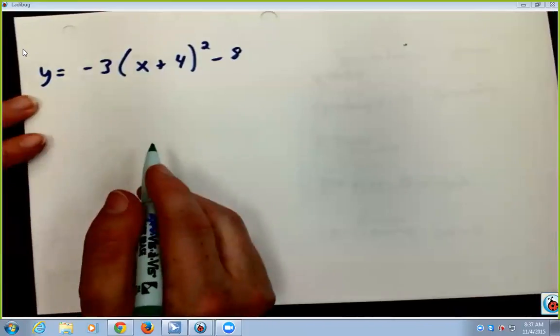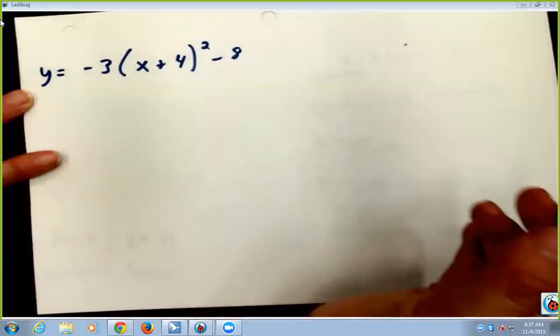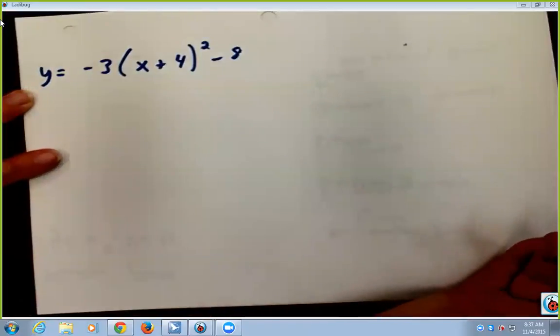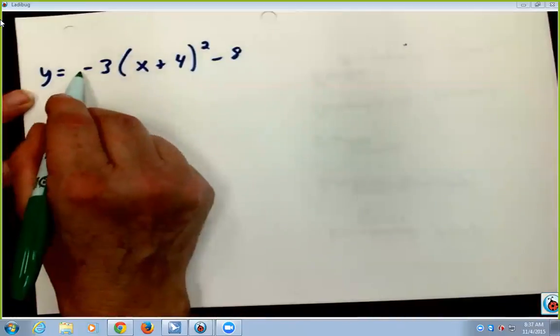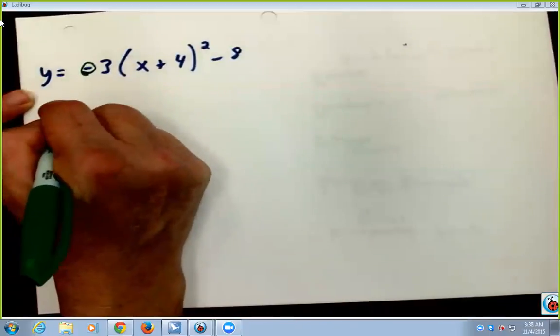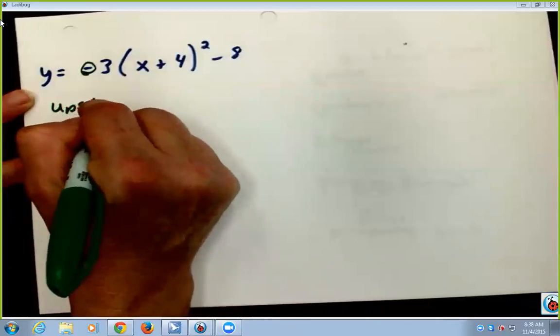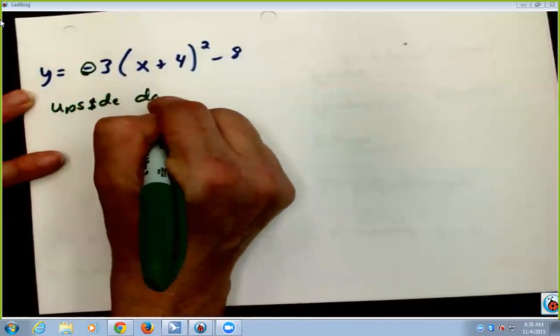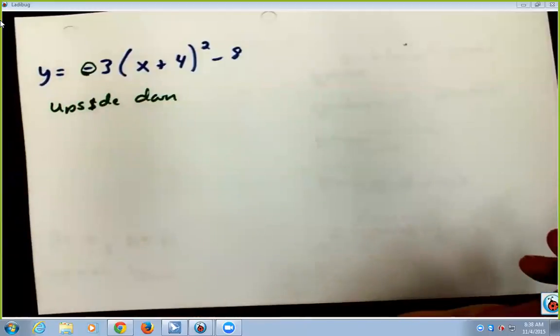So first thing we're going to look at is, what shape is this thing going to be? Right side up or upside down? Negative out in front, it's upside down. So we know that part.